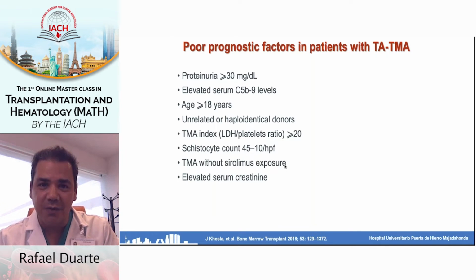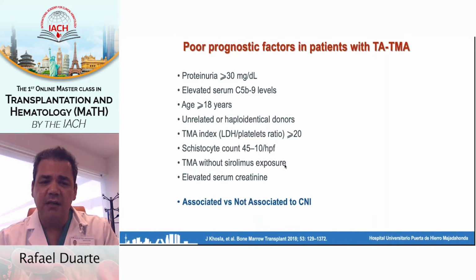And therefore, in order to manage patients and be able to make decisions, these results always get to us too late. Age, unrelated or haploidentical donors, TMA index greater than 20, schistocyte counts, TMA without sirolimus exposure, and that's also an interesting point, and then elevated serum creatinine as a sign of organ dysfunction.